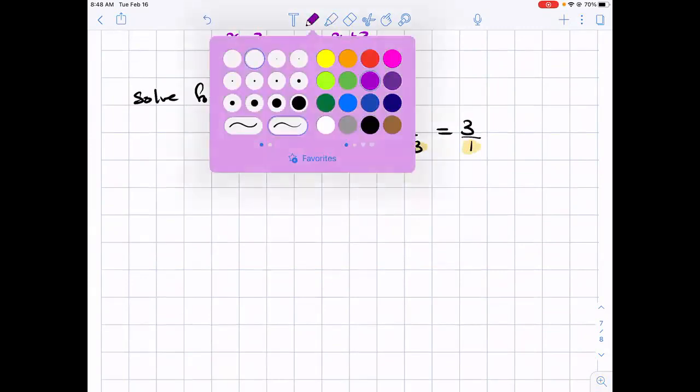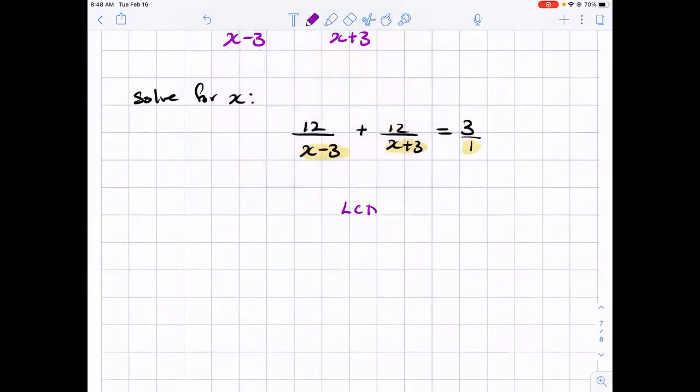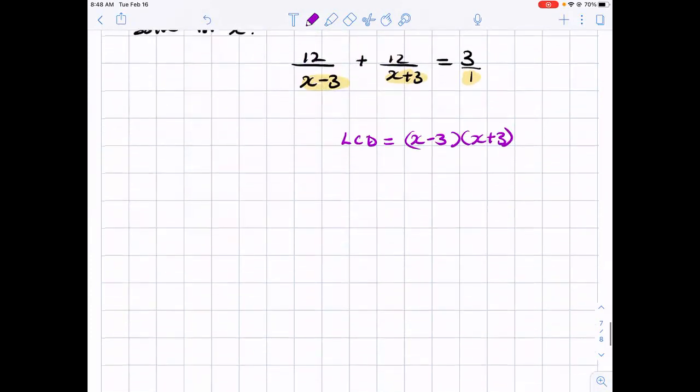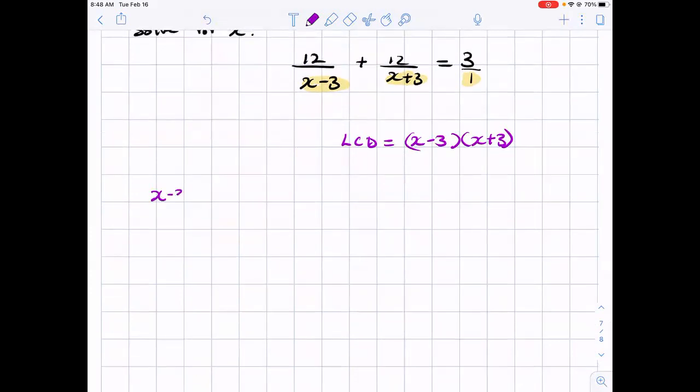So my lowest common denominator here will be x minus 3 times x plus 3. And now I multiply that by each term of the rational expression.